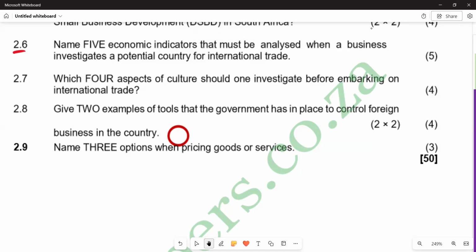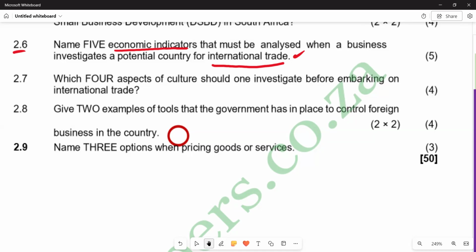So we've got key terms in our question, whereby we have economic indicators, and also the term international trade. First of all, we want to try to understand exactly what we mean by international trade. International trade involves an exchange of goods and services conducted between countries, usually at least two countries.